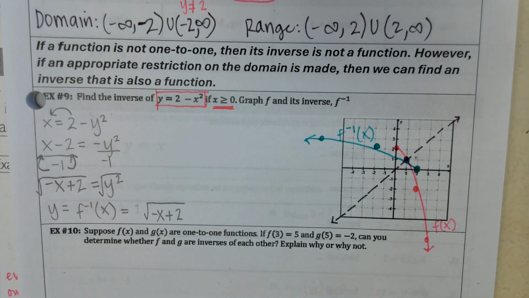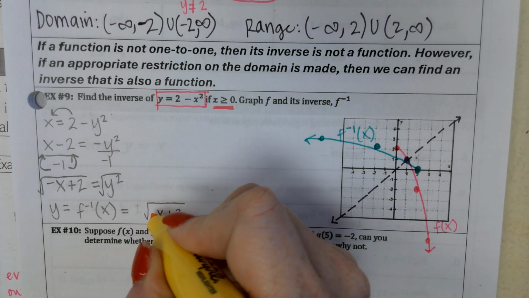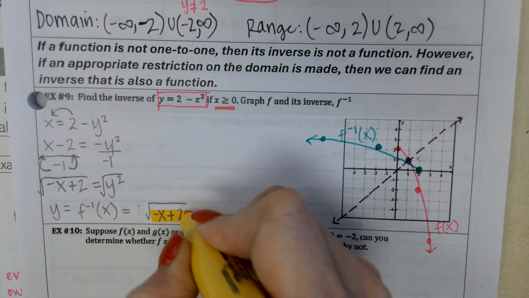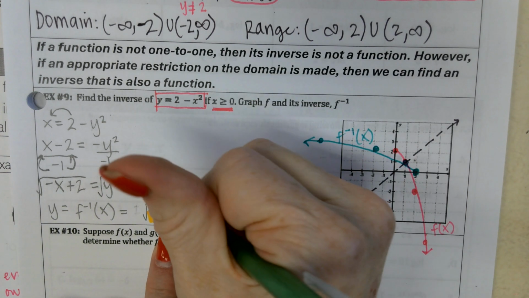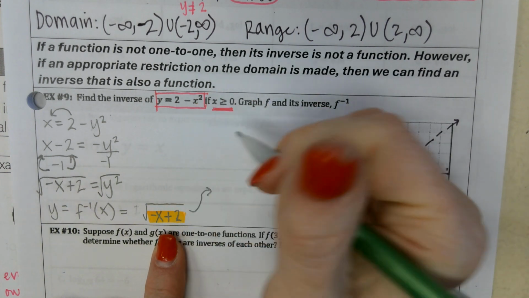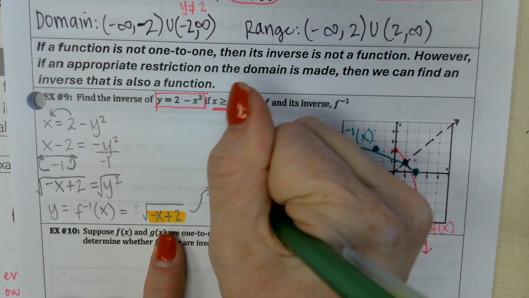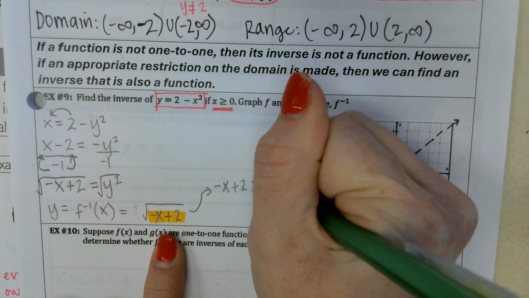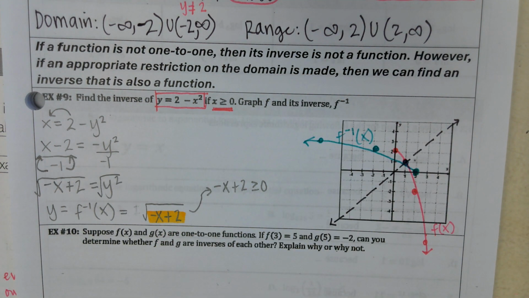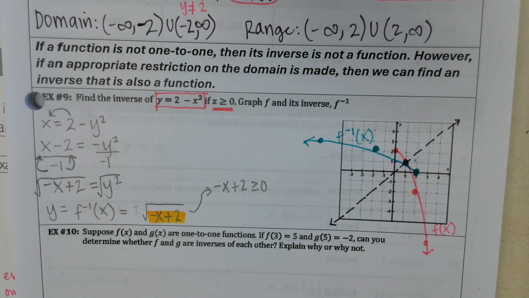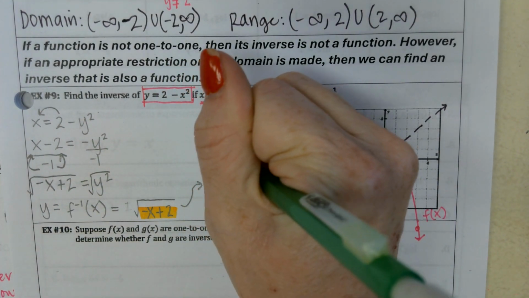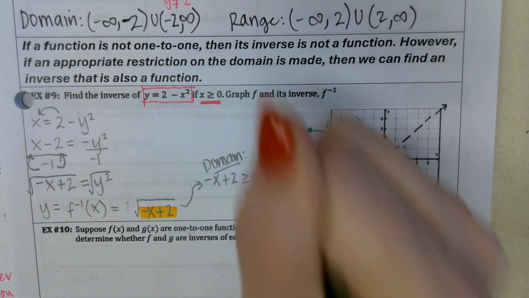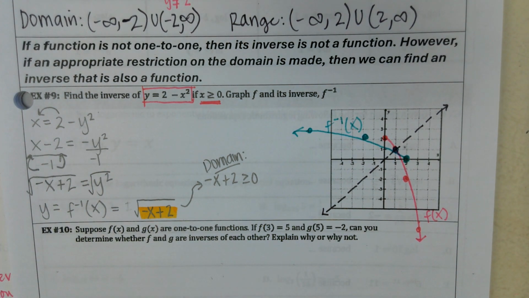Another way that we can do this, in order to find the domain, especially of a radical function, we know that everything that's underneath the radical has to be greater than or equal to 0. I'm going to make a note that this is the domain. Even though I'm not asked to find that, I'm sure you will be at some point.